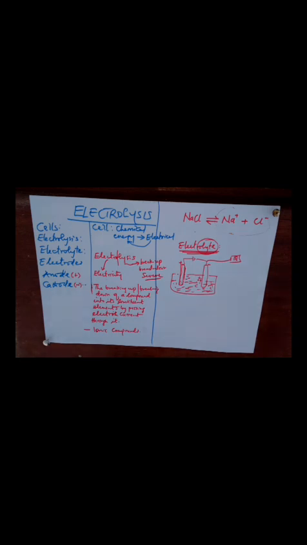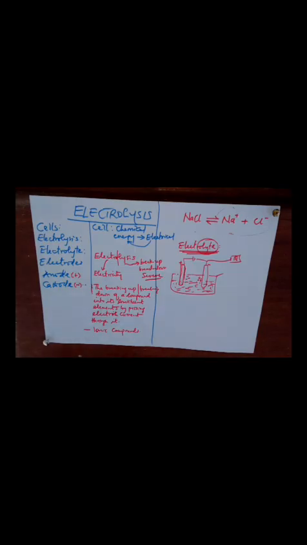So an electrolytic cell is a cell which uses electric current to break down molecules, to break down compounds into their constituent atoms, constituent elements. That is an electrolytic cell.